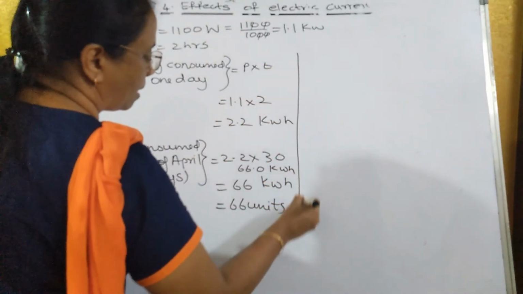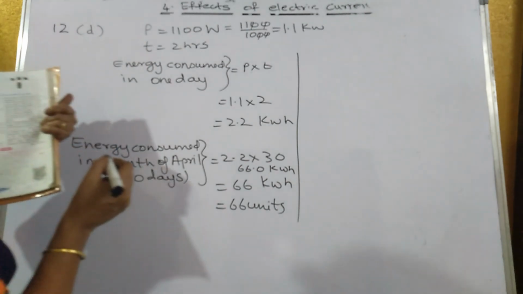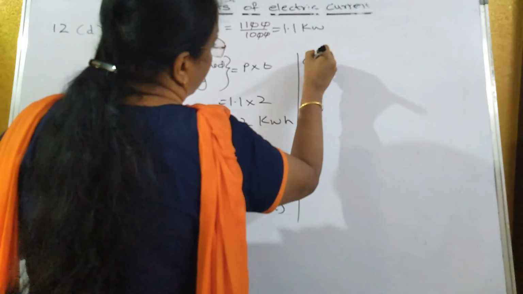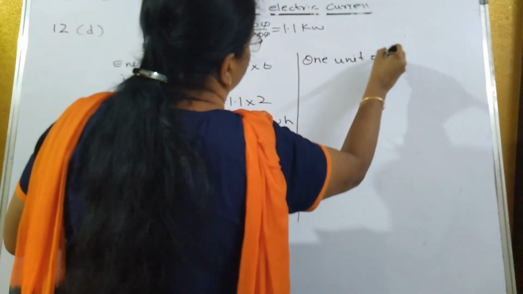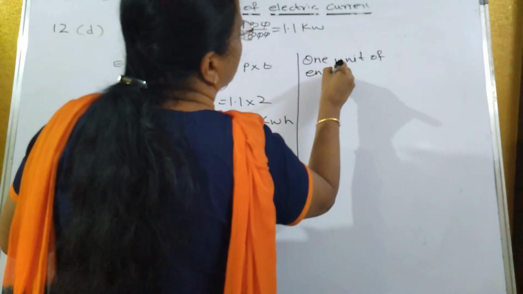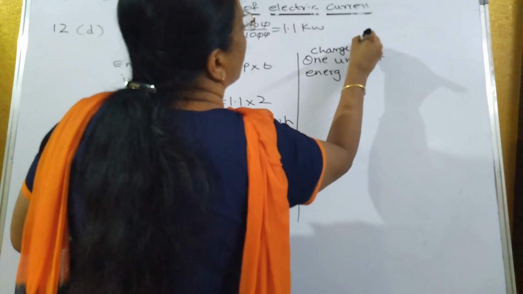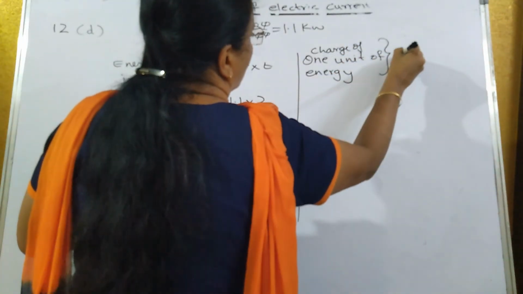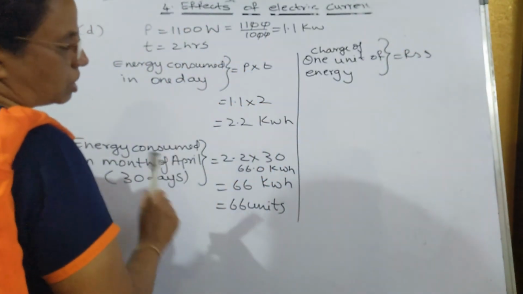Now in the bracket they have given the electric company charges ₹5 per unit of energy. So charge of 1 unit of energy is equal to rupees 5. Now how many units they had used? 66 units.